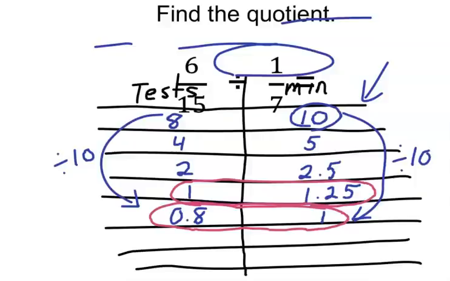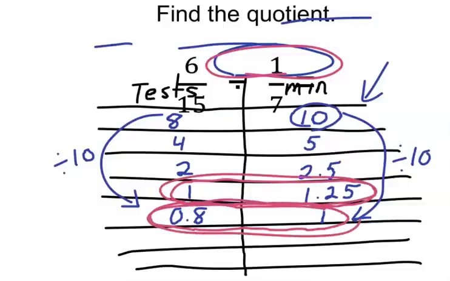So both of those are good answers because they didn't tell exactly which specific unit rate they want. So we found both. All right, so we have how much time per one test right here, and then we have how many tests per minute right there.